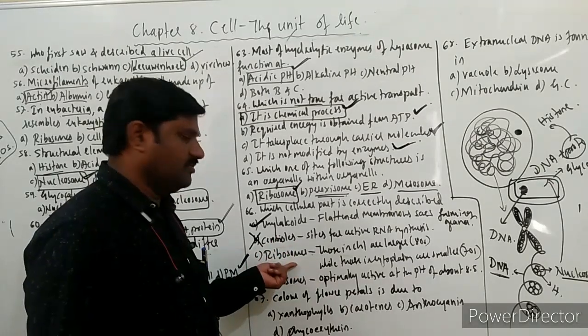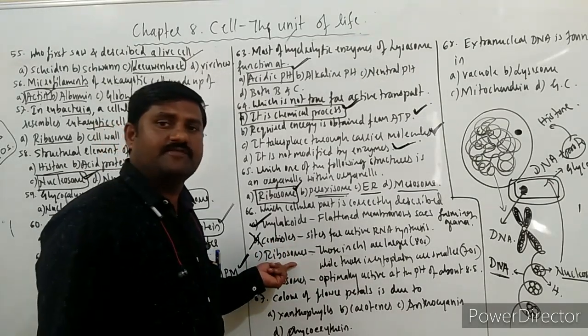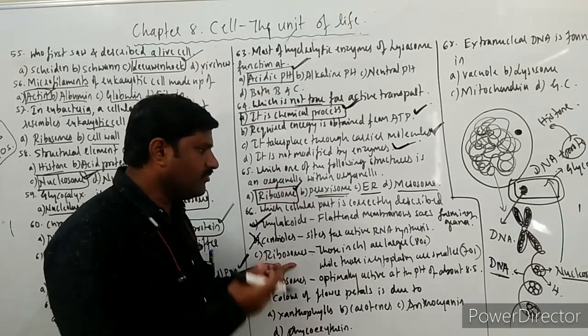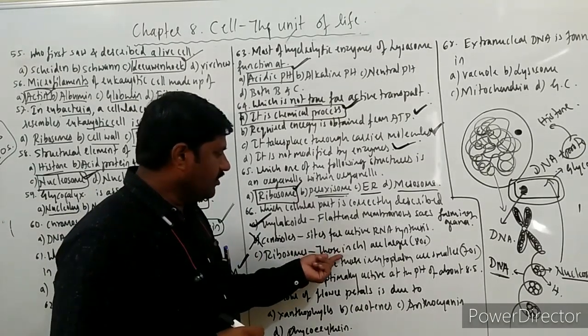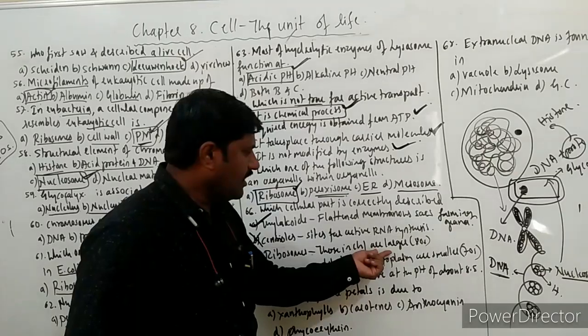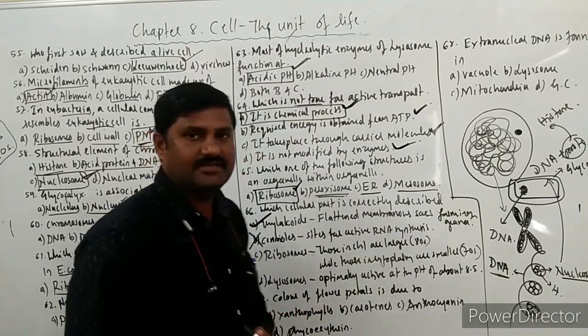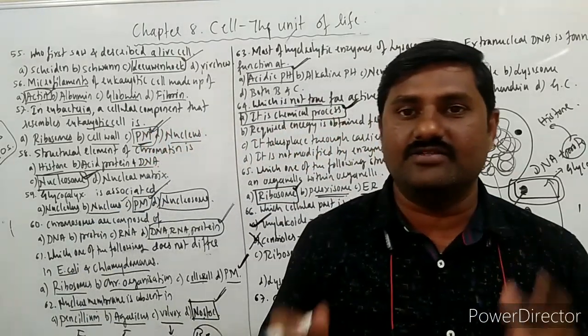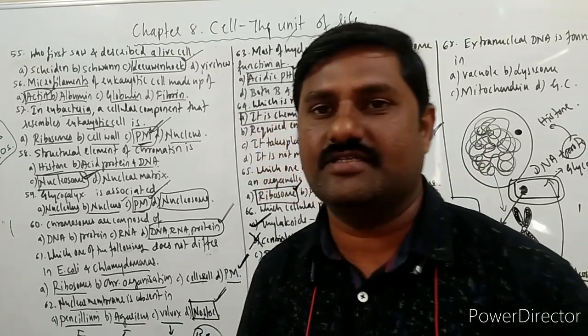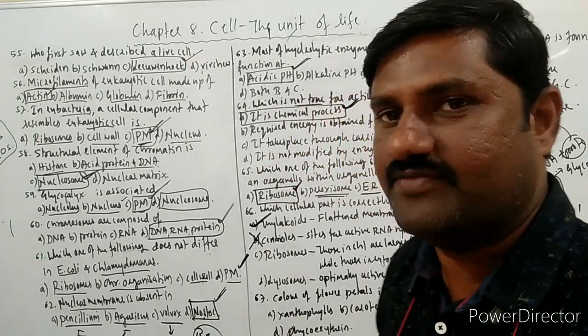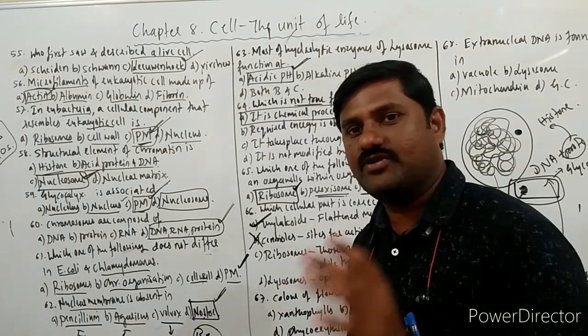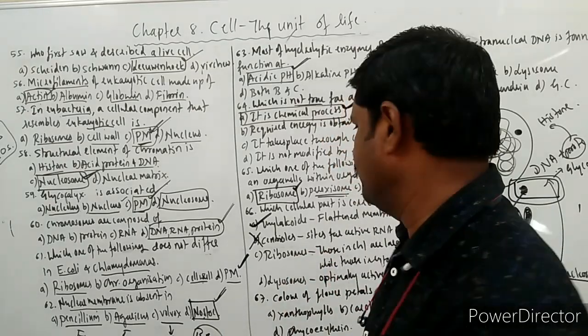Next one, ribosomes are said to be protein factories. But what he says over here, those in the chloroplast are larger. He says ribosomes are larger cell organelles in case of chloroplast, but actually they are not larger in chloroplast.